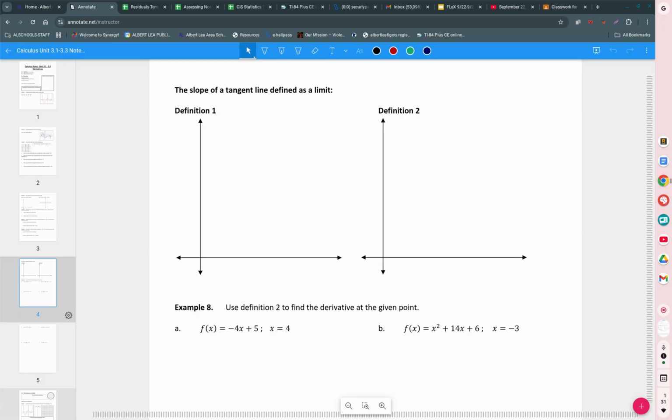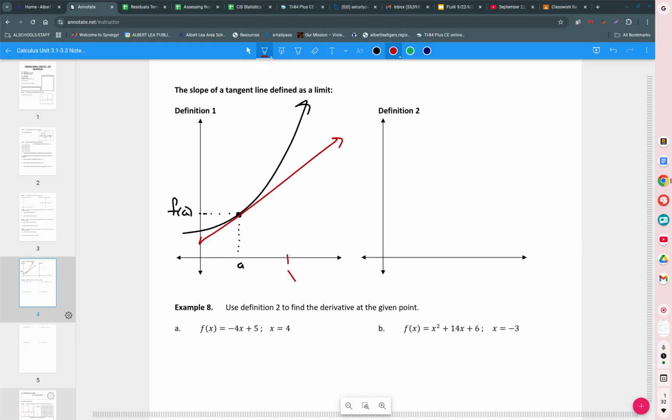Okay. So definition 1 for slope of a tangent line. We wrote as follows. Remember we used this picture on your last test? We called that point A. What do we call this spot? F of A. We said you can't find the slope at one point, so therefore you make a second point.